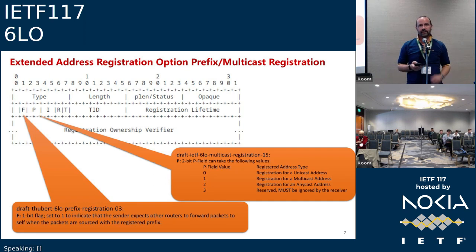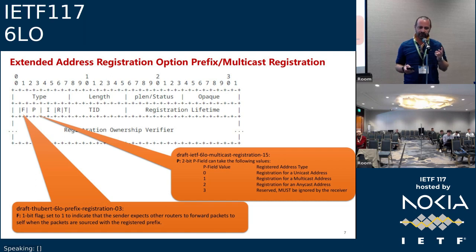The format of the ARO option, we worked on that as well. So what you see here is actually what is proposed in the 6LO prefix registration document, which should be discussed right after me. I have 2 slots, but then there is Pascal. So the point is that there are 2 fields.